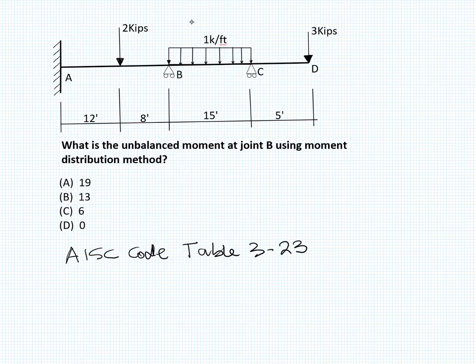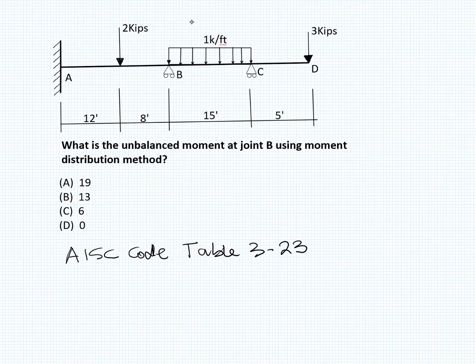So if we start with point A to B, we'll notice a fixed support on the left side at point A and a roller support at point B, which gives you a propped cantilever.